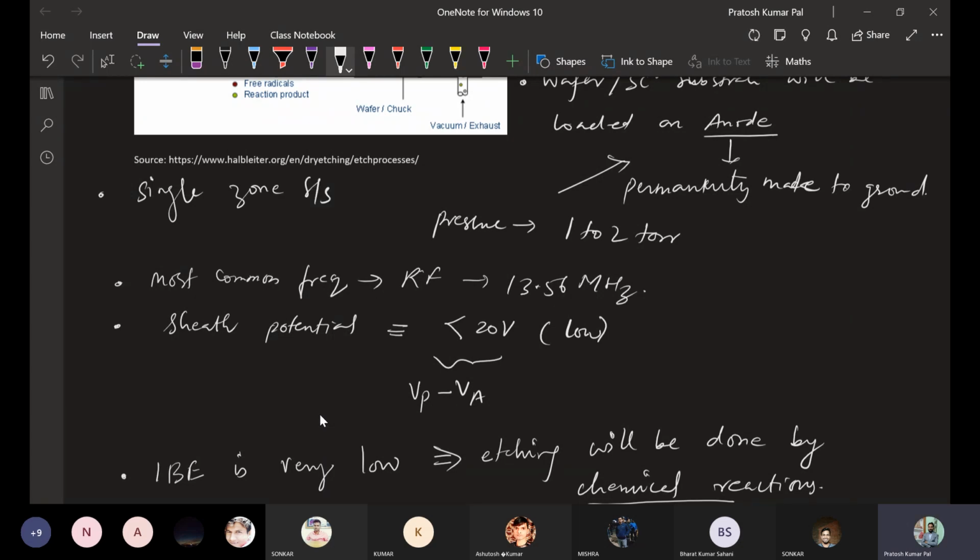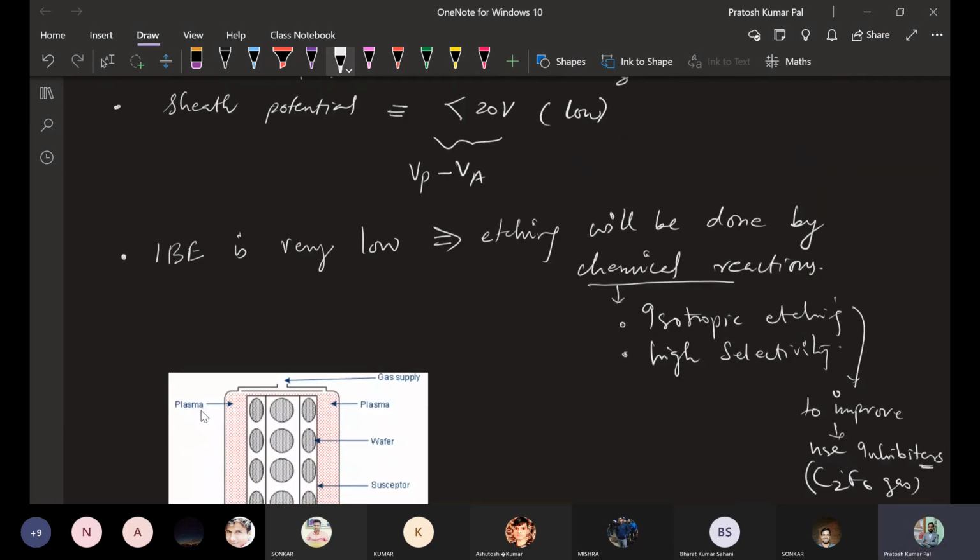In a single zone, acceleration and the substrate are both placed, and here as the ion bombardment energy is very less, this will result in less damage to the semiconductor substrate, because less bombardment energy means less damage will be done to the substrate.